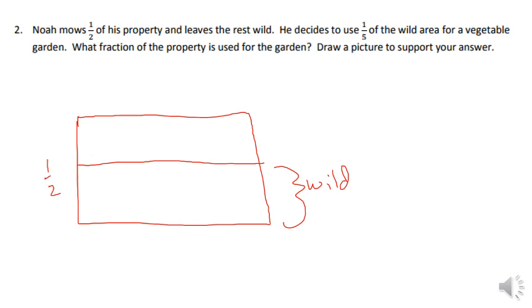Then it says he wants to use 1/5 of the wild area for vegetables. So we're going to split this up into fifths. 1, 2, 3, 4, and 5. And that's 1/5.